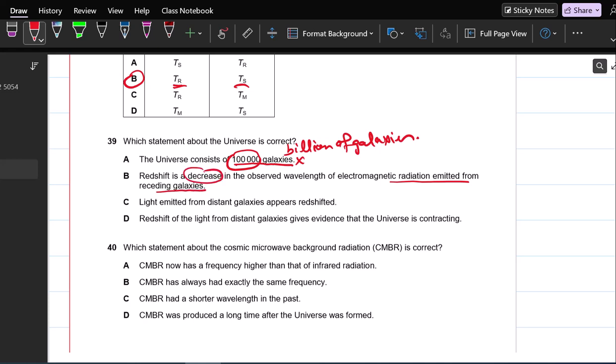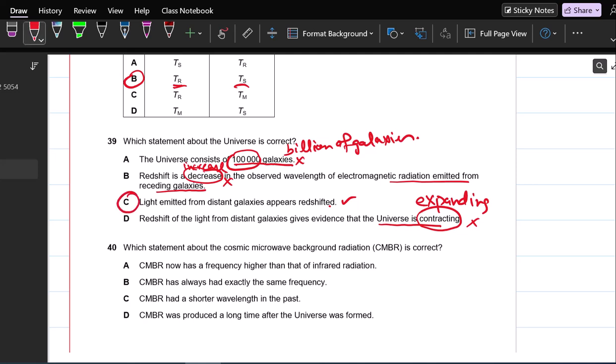No, it should be an increase. It is also wrong. Light emitted from distant galaxies appears redshifted. Yes, possible. Redshift of the light from the distant galaxies gives evidence that the universe is, no, it is expanding. So this is wrong. So C is the right option.